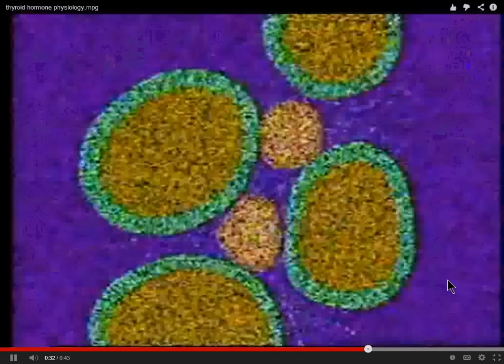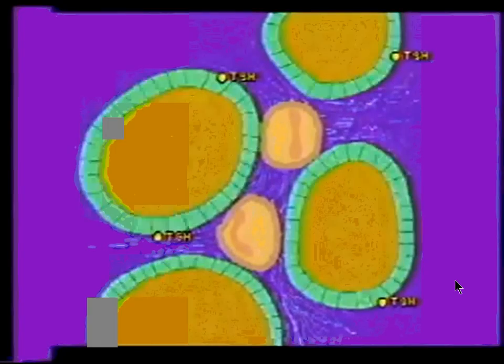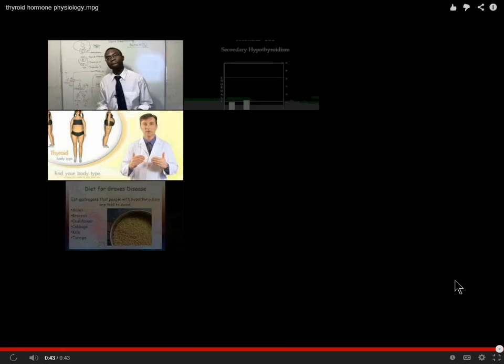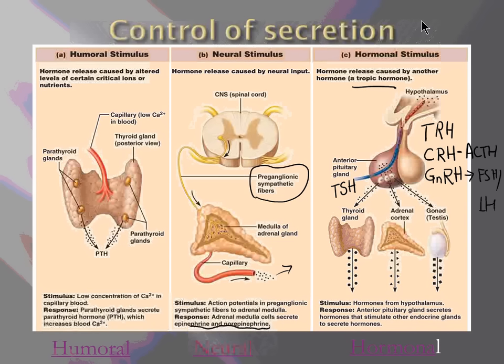The TSH is released into the blood and passes to the thyroid gland and the receptors on the epithelial cells, where it stimulates functions of these cells. So it acts on the thyroid gland and causes secretion of the thyroid hormone.